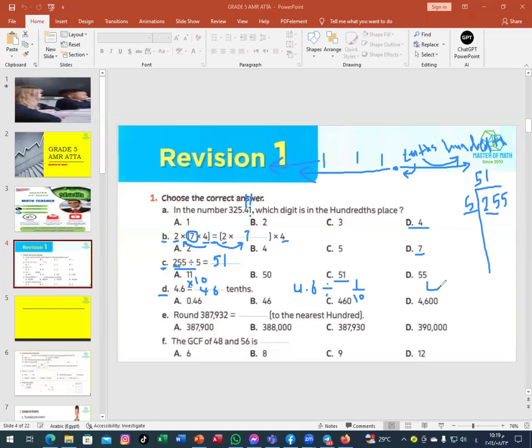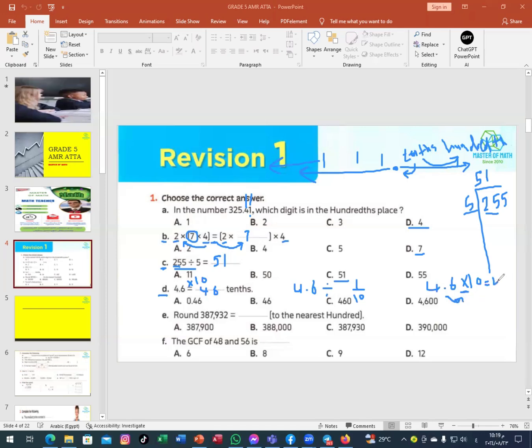Because when we have a decimal and we multiply it by 10, the decimal point moves to the right.